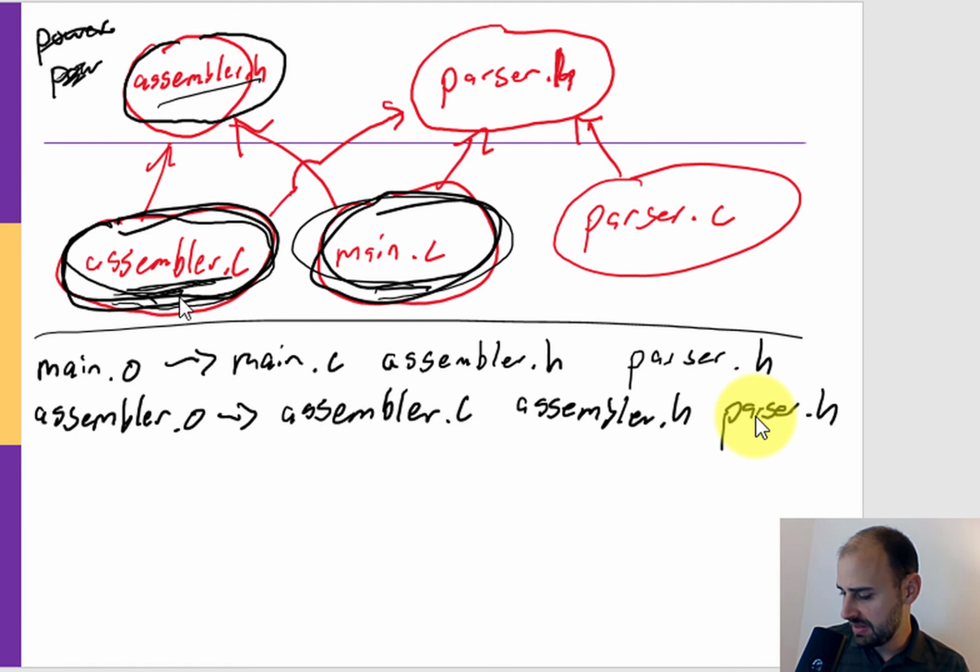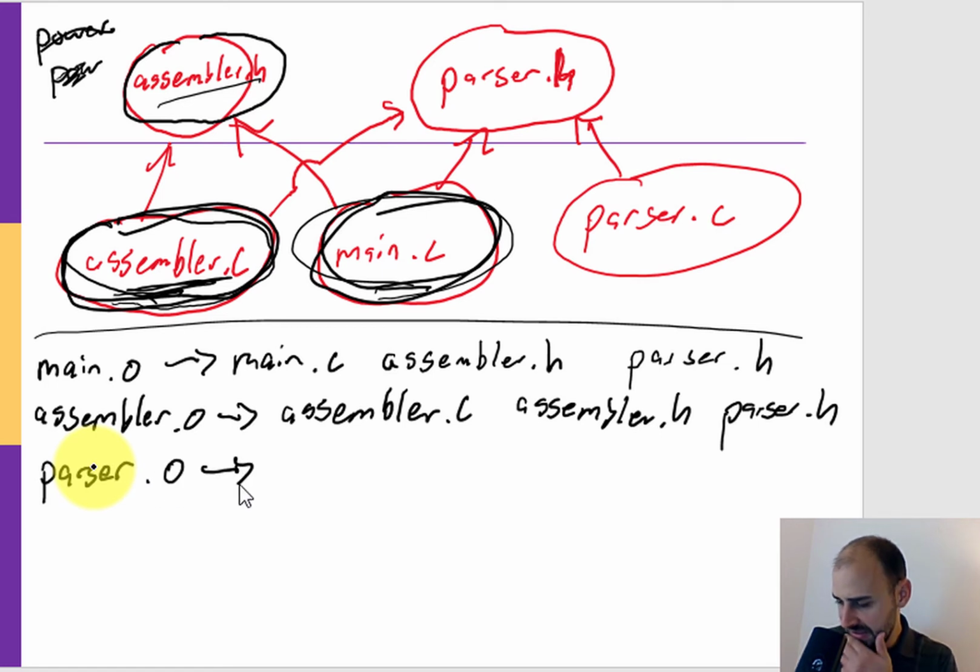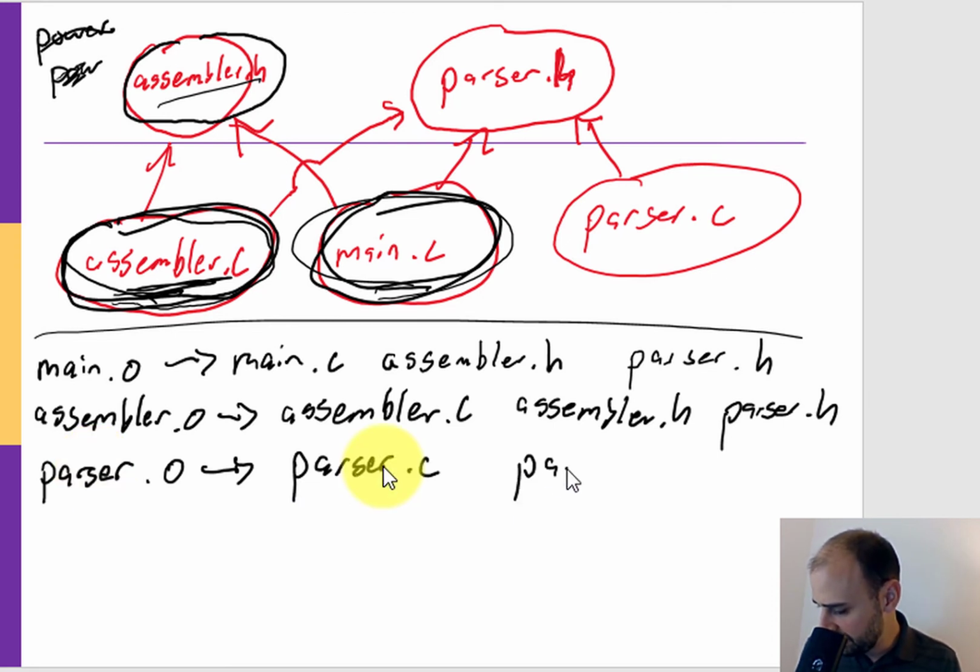This object file needs to get updated if the assembler.c changes, or the assembler.h or the parser.h. And then lastly, the parser object file, which is a little simpler, needs to get updated if either the parser.c or parser.h are updated.